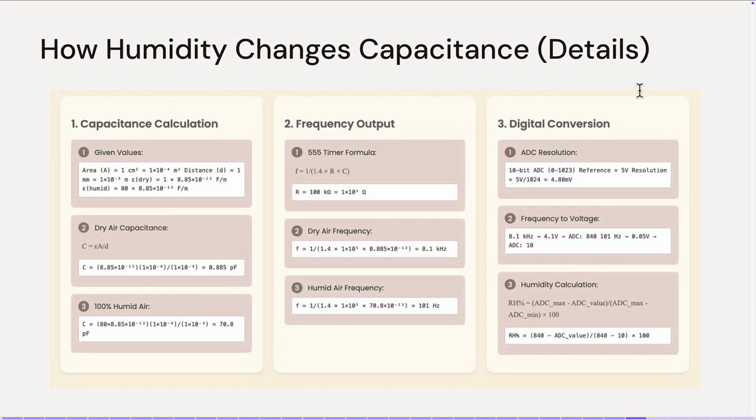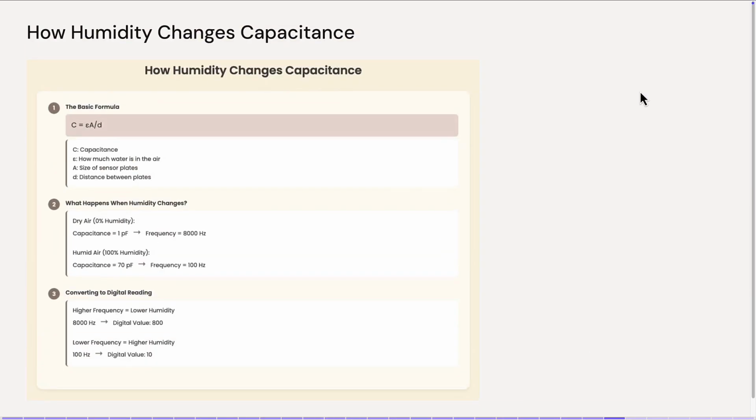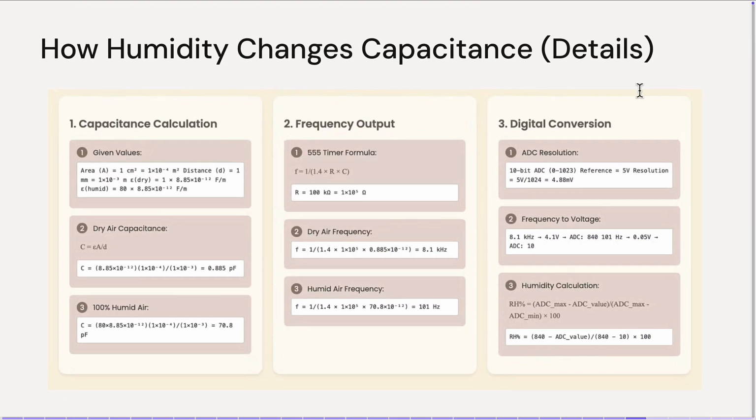Okay, if you like numerical computation, this is just a more detailed view of this slide. This presents the high-level details. This is more details, starting from the capacitance calculation, and then this is an application in the case of a dry environment, how we can get the value in pF.